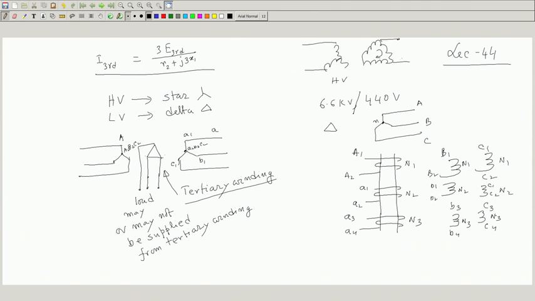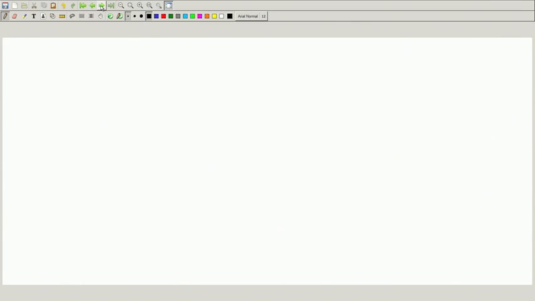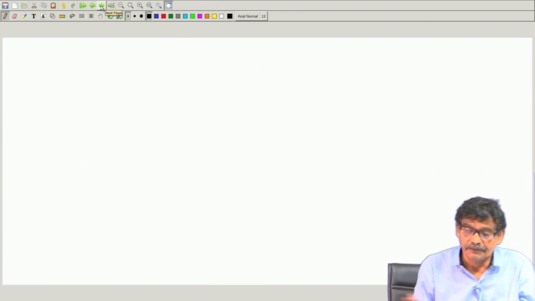Let me tell you one interesting thing. For example, zigzag connection also we have done apart from star delta and this one. Let me try today to do another zigzag connection.